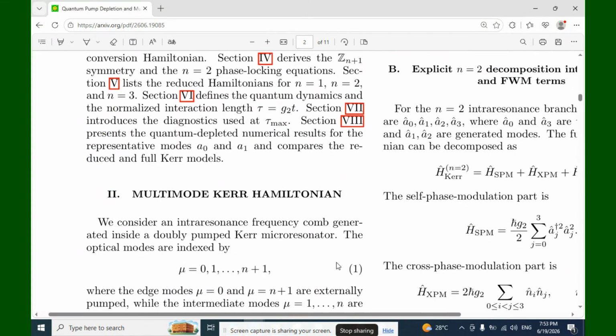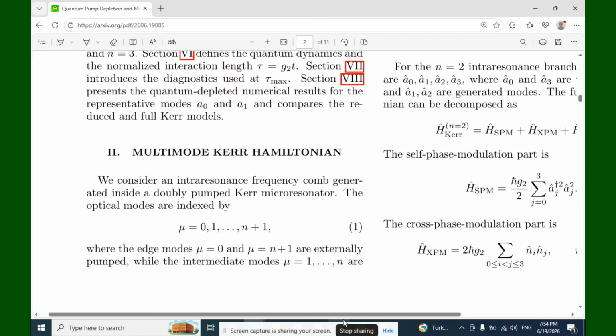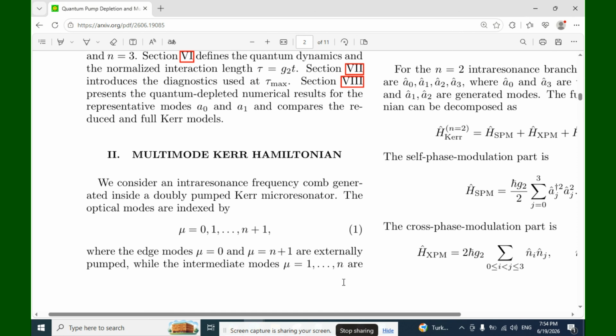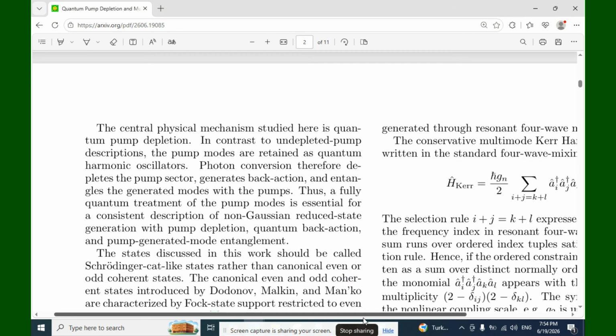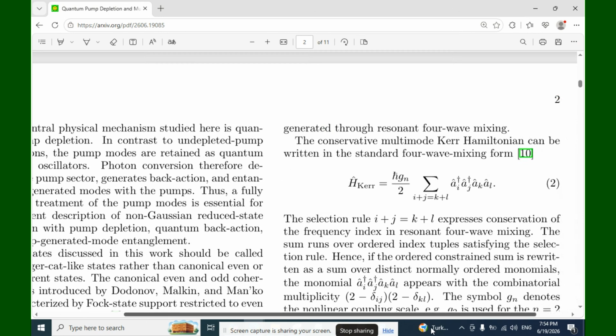The optical modes are indexed by mu = 0, 1, and so on until n + 1, where the edge modes mu = 0 and mu = n + 1 are externally pumped, while the intermediate modes mu = 1 until n are generated through resonant four-wave mixing. The conservative multimode Kerr Hamiltonian can be written in the standard four-wave mixing form.